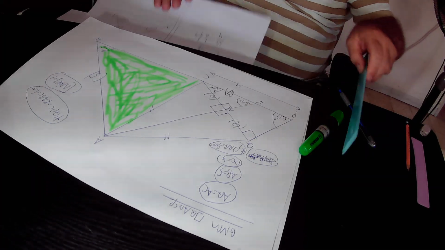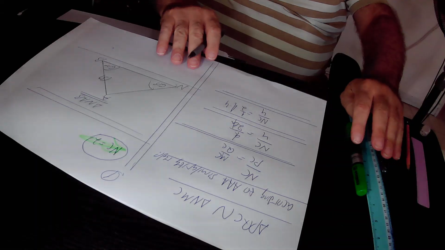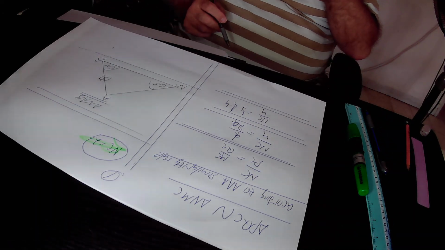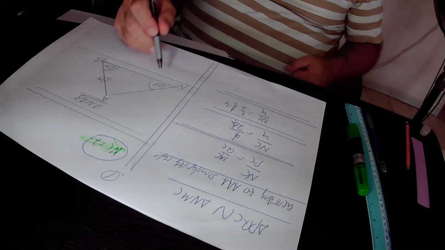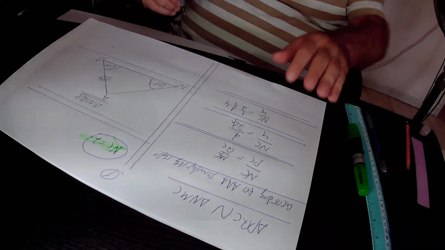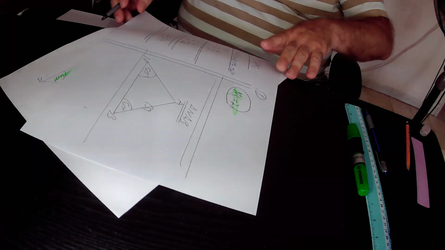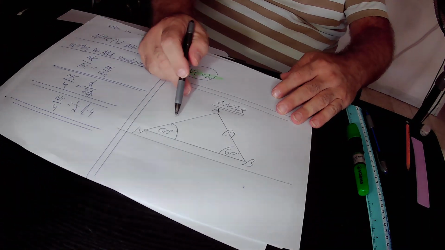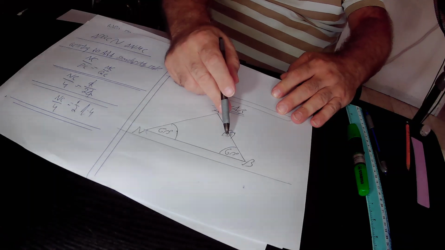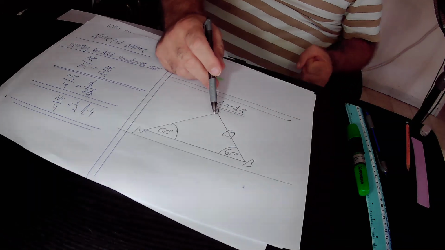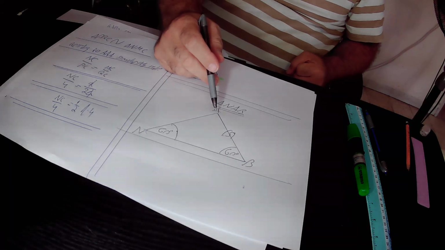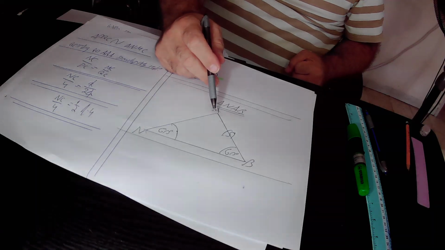So actually, this is the big triangle NAB coming from the original drawing. 60 plus 60 degrees is 120 degrees, and therefore this third missing angle must be equal to 60 degrees in its size, according to the rule that states that the sum of the angles in any triangle is equal to 180 degrees.